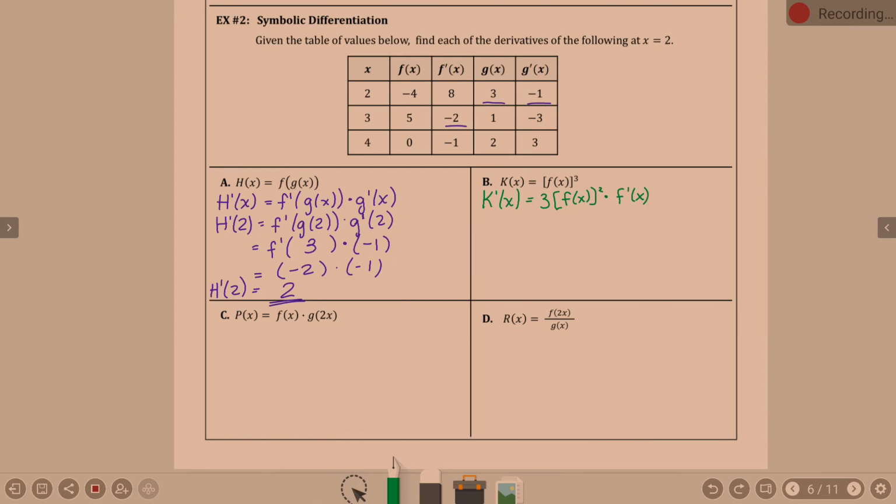Okay. It was something raised to the third power, yes? So apply the power rule. So move the 3 out front, subtract 1 from the exponent. The inside stays the same when you do the power rule. But then the inside, that's something you take the derivative of, so times the derivative of the inside.